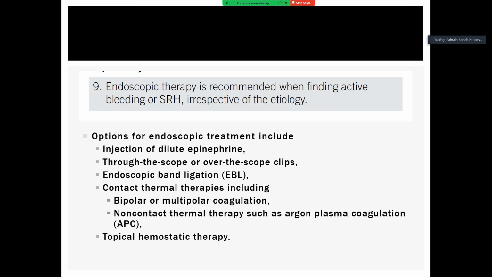Whenever we do an endoscopy, we usually do endoscopic therapy, and there are multiple treatment options depending on the cause of the bleed. The options are epinephrine, clips, band ligation, thermal therapies including APC, and hemostatic sprays.